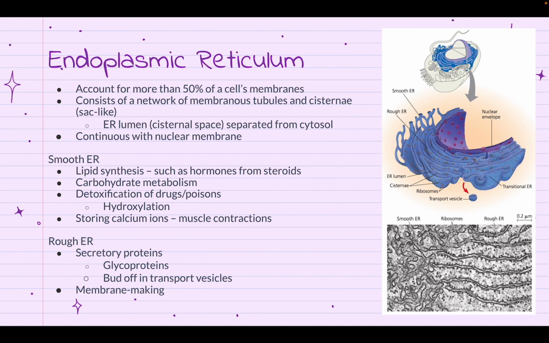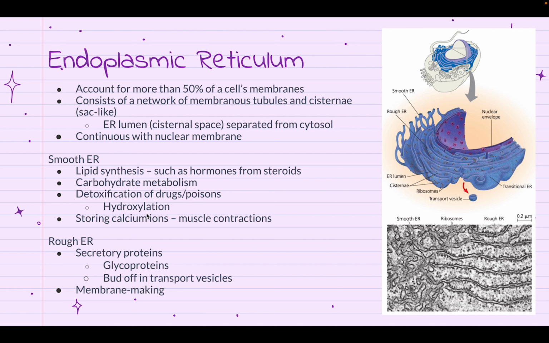Your two types of endoplasmic reticulum are smooth and rough endoplasmic reticulum. Smooth ER functions in lipid synthesis, such as steroid hormones. It also does some carbohydrate metabolism and detoxification of drugs and poisons, specifically through a process called hydroxylation, which is when you add a hydroxyl, or an OH, to a poison or a toxin.